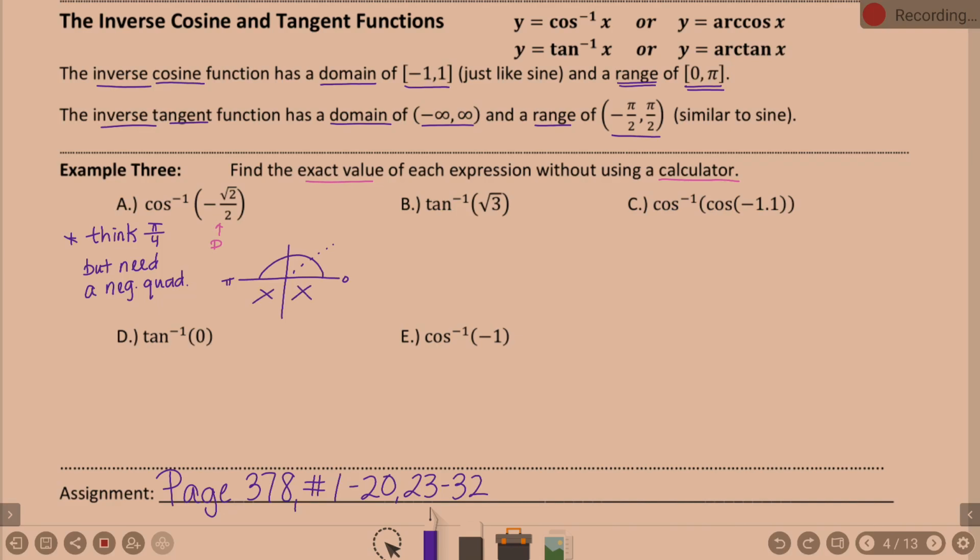No. So what negative quadrant am I using? Quadrant 2. What angle is that in quadrant 2? 3 pi over 4, yes. So what's my answer? My answer is 3 pi over 4.